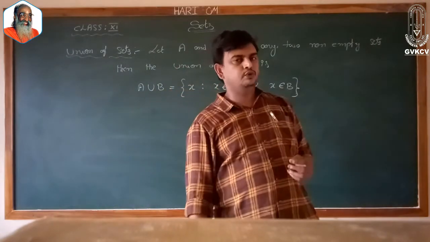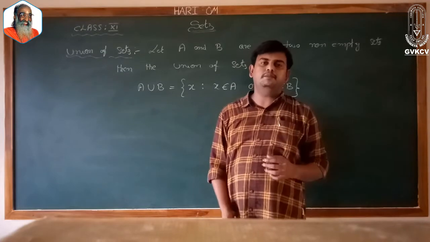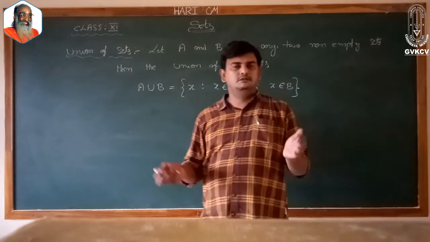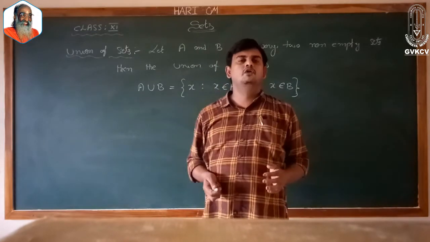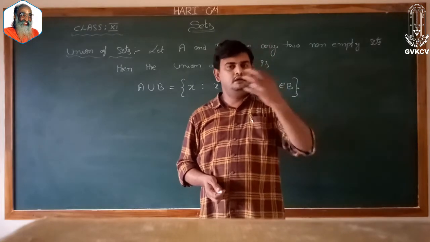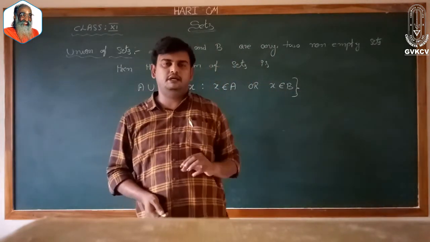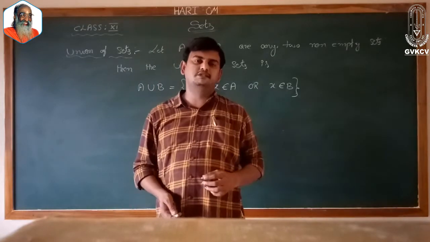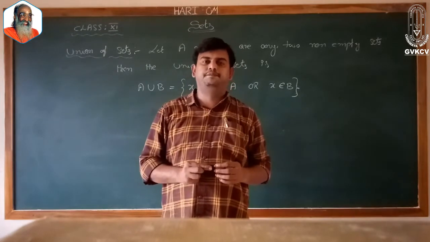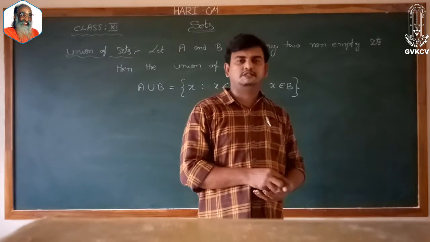Union of sets, as we know, when we have two non-empty sets A and B, union means combining all the elements present in set A and present in set B. Whatever elements we have in set A and whatever elements we have in set B, we have to combine both. That is called union of sets.